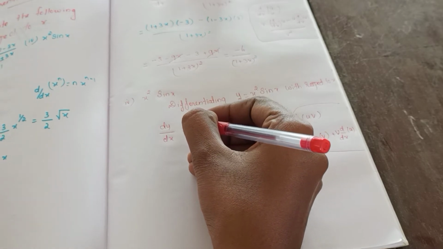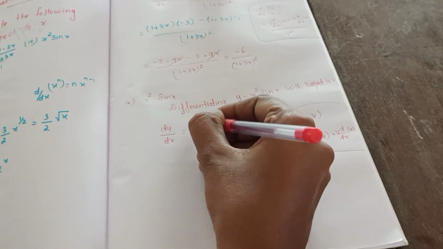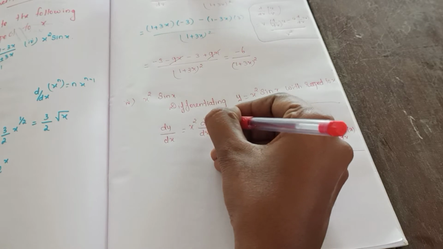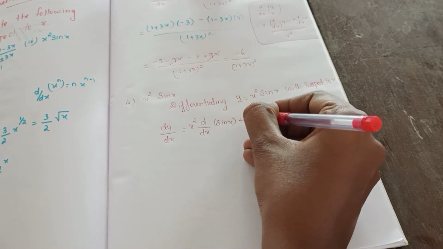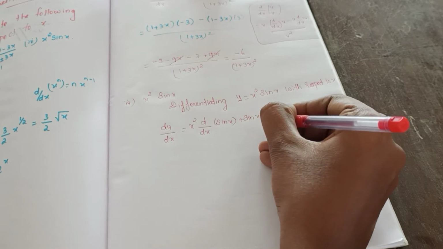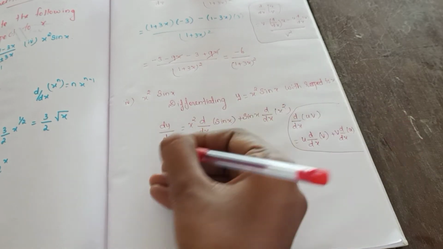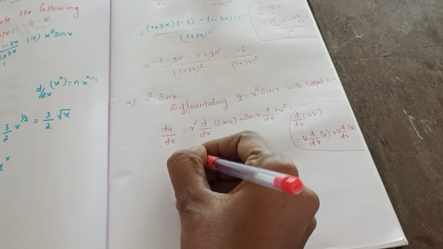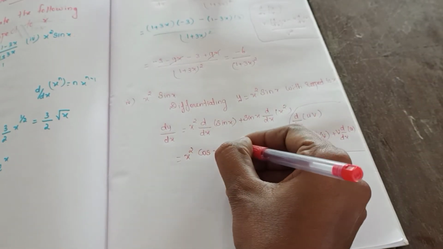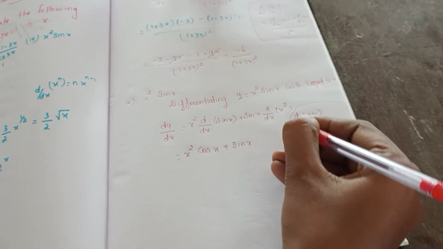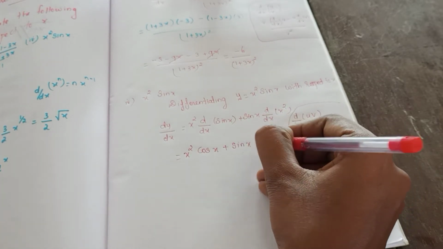So what will happen? X square into d by dx of sin x plus sin x into d by dx of x square. Okay, so that's equal to x square, d by dx of sin x means cos x plus sin x into this one for differentiation is 2x.